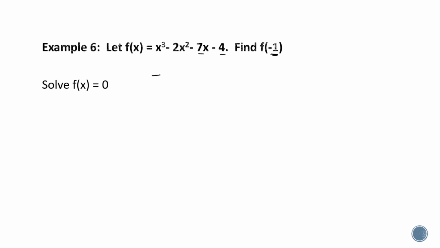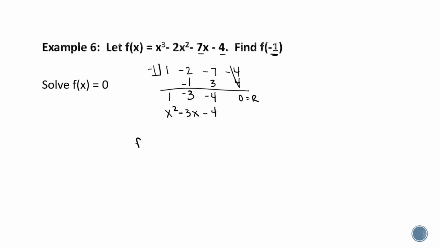So if I take and I put the -1 in the box and I write down my coefficients and I do the division, okay, then what I'm left with is x squared minus 3x minus 4. So this means that f of x is equal to x squared minus 3x minus 4 times x plus 1.